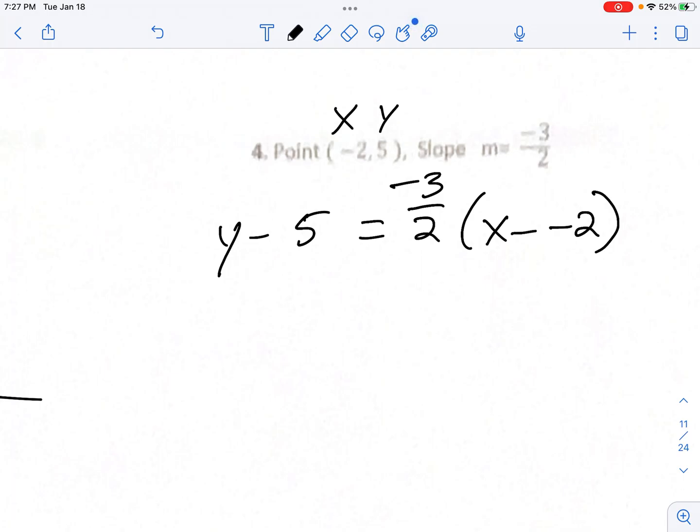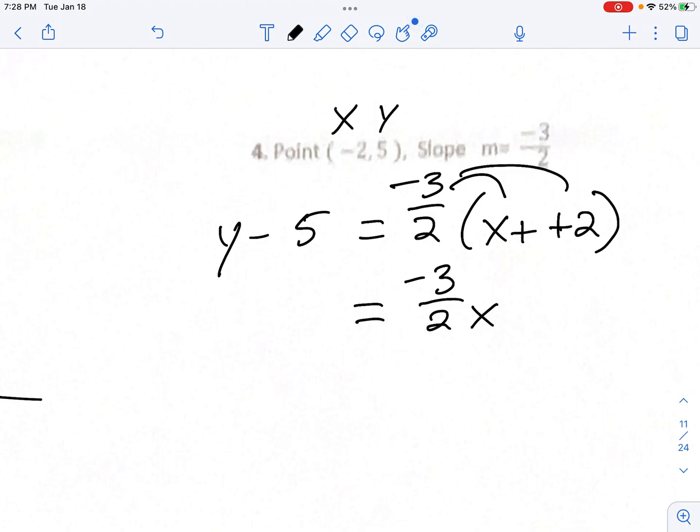Now, all of you pretty much know that when you have two negatives right beside each other, it makes a positive, all right? So that's actually now plus 2. Distribute, negative 3 over 2 times x is negative 3 over 2x.